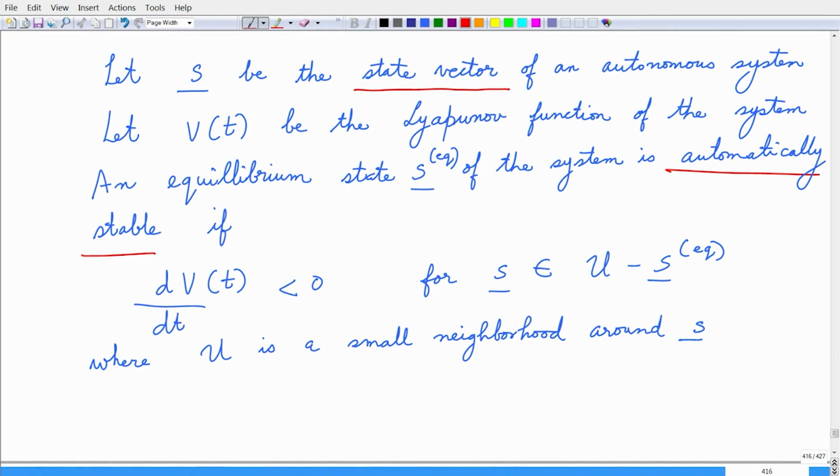An equilibrium state, denoted by S^EQ, is stable if it satisfies the condition that dV/dt is less than 0 for all vectors S belonging to U minus S^EQ, where U is a small neighborhood around S^EQ, and you remove the equilibrium point. For all these points, the derivative of the Lyapunov function is negative.